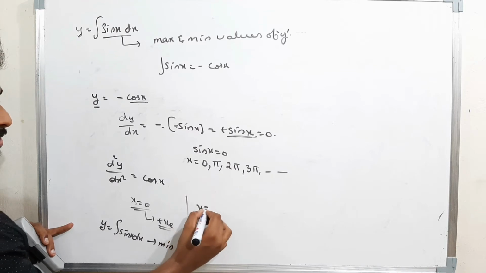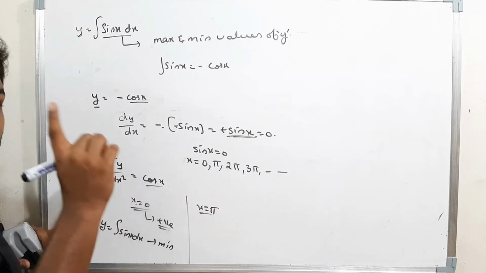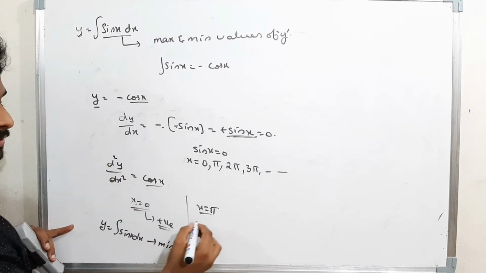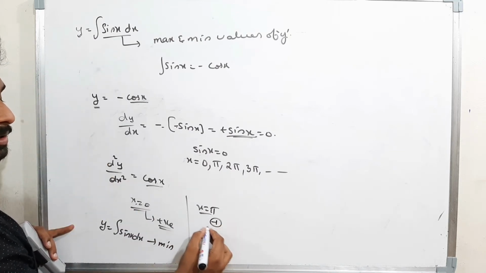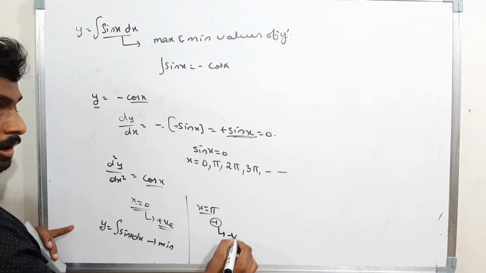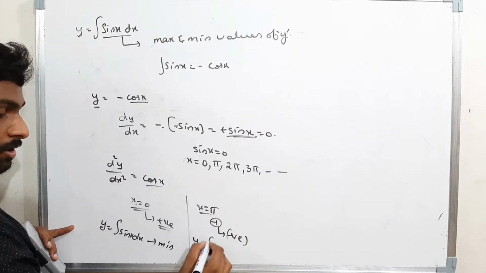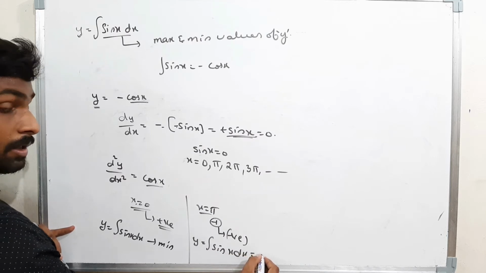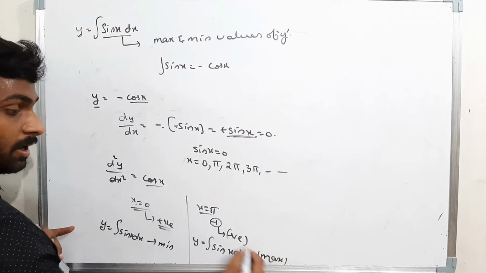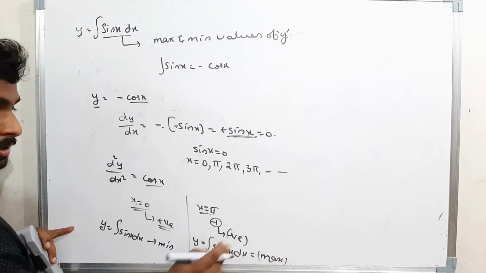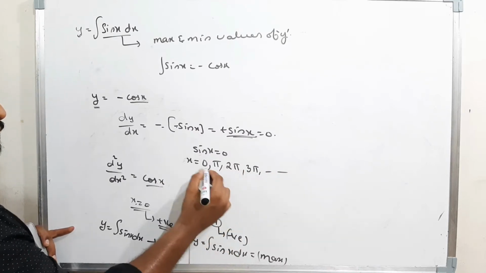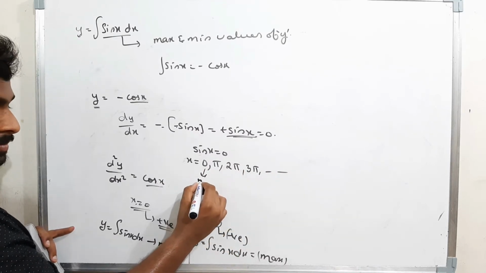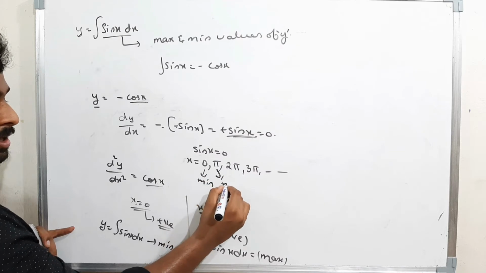And again x is equal to pi. At x is equal to pi, what is the value? Cos pi is minus 1. Minus 1, nothing but a negative value. Therefore y is equal to integration of sin x dx, this function is maximum at x is equal to pi. Same for everything. Here it is minimum, here it is maximum.